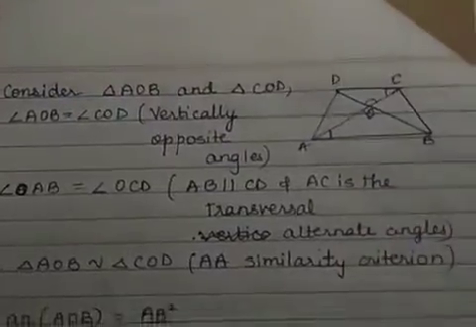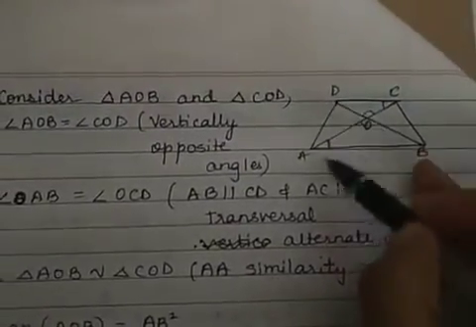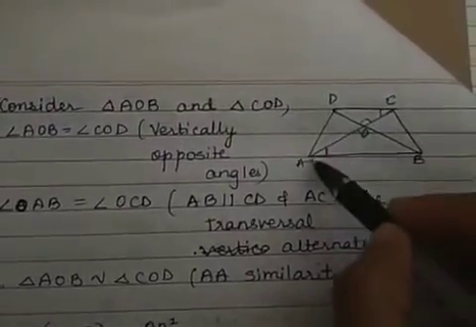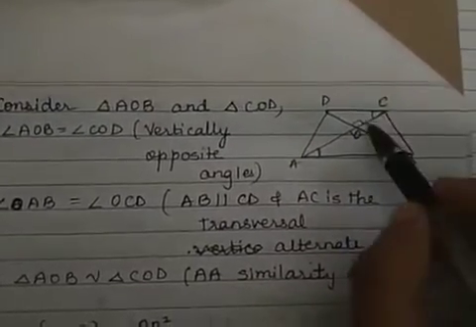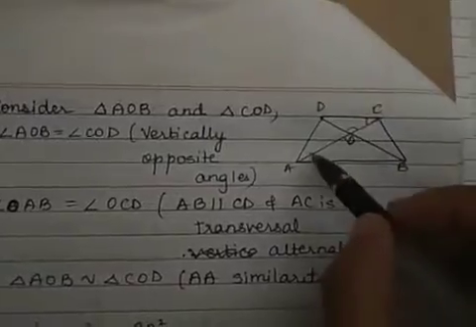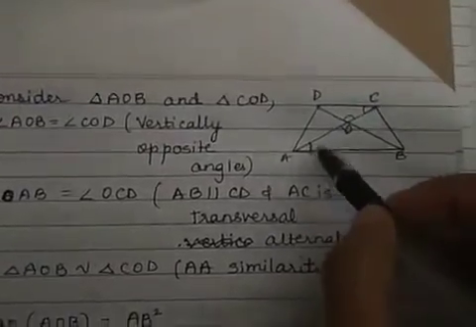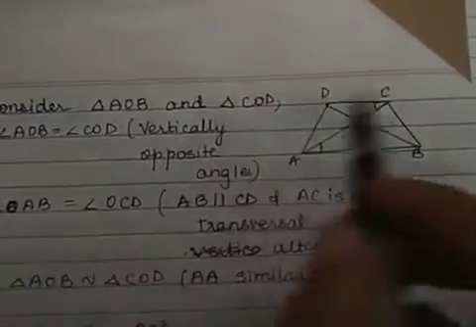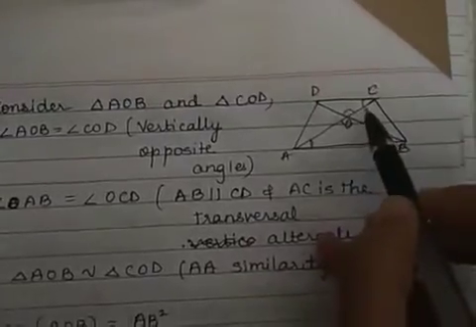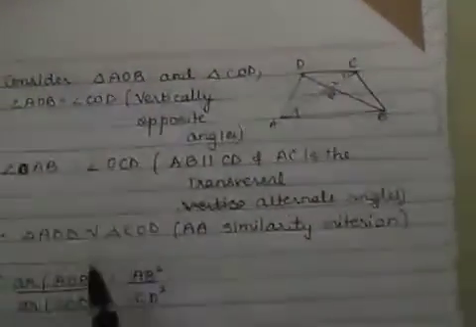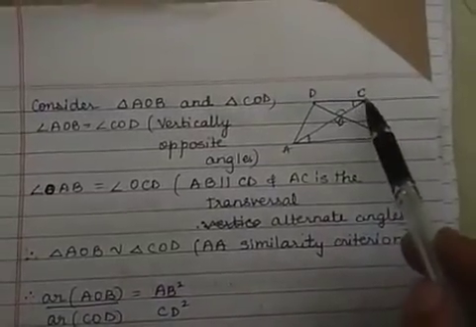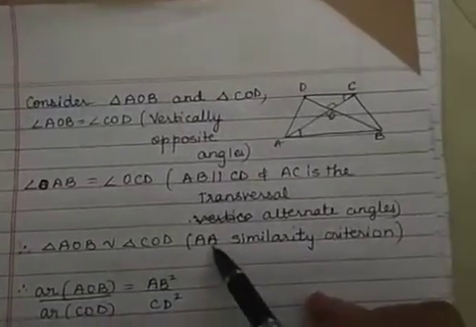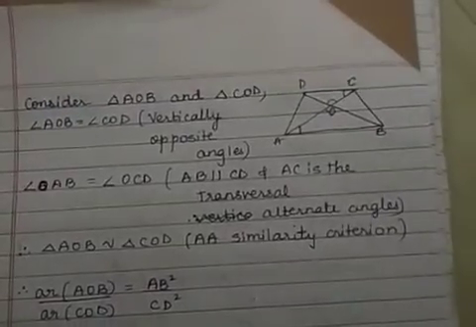It is because AB and CD are parallel and AC is a transversal. So these are alternate interior angles, correct? So these two angles are equal. Now we got two conditions that two angles are equal. So I can say that triangle AOB is similar to triangle COD by AA similarity criterion.